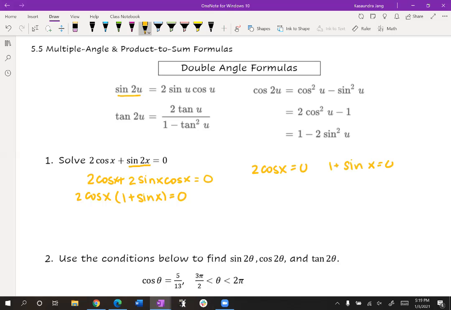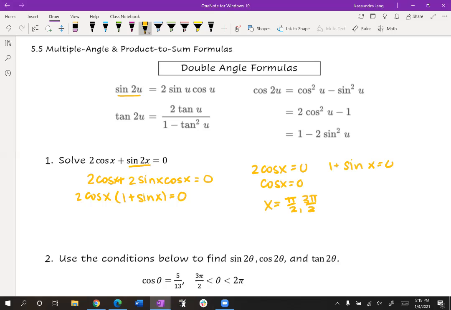So if I divide by 2 on both sides, I'm down to cosine of x equals 0. And on my unit circle, cosine is 0 at pi halves and 3 pi halves. That's in one rotation, I should say.